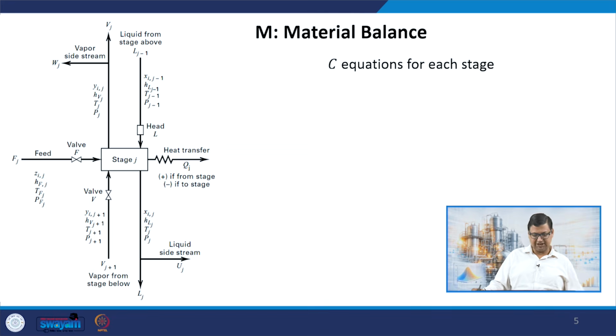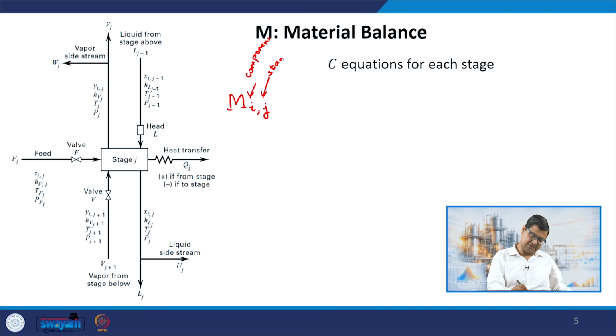Okay. So, let us first try to write the material balance for a particular equilibrium stage, and I will label that equation as something like Mij, that is for species I. So, I refers to component and J refers to the stage. So, for species I want to write a material balance, and what is it going to be?